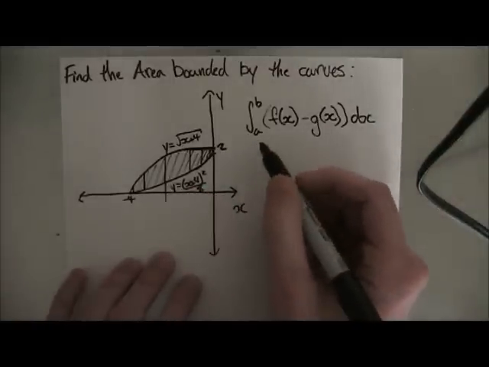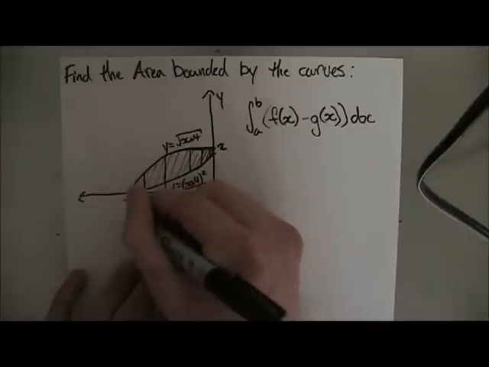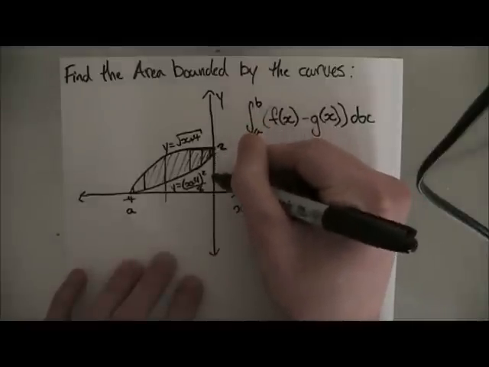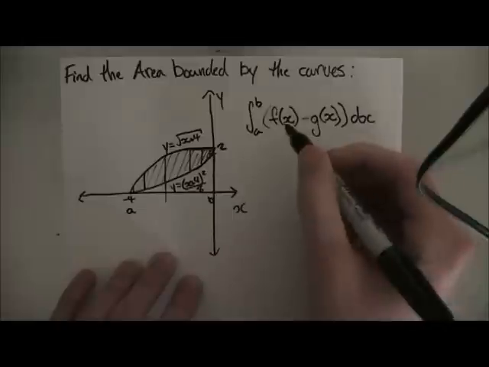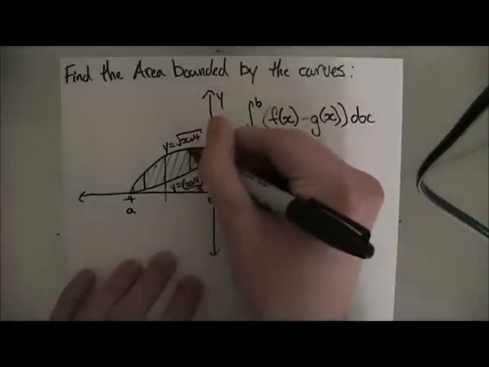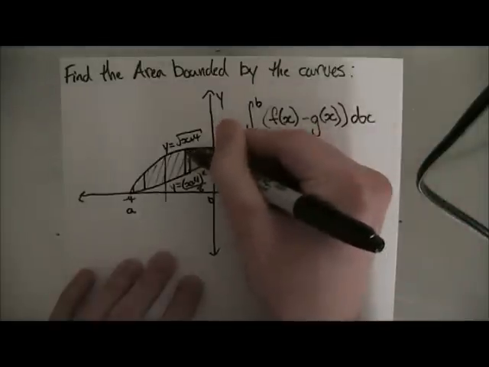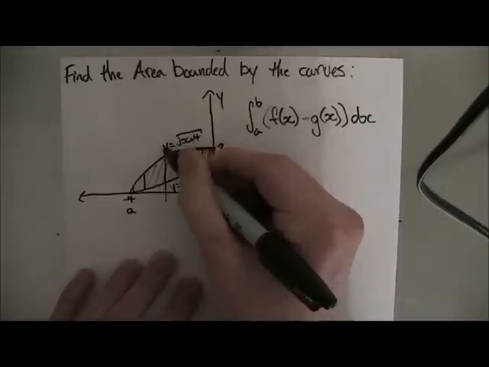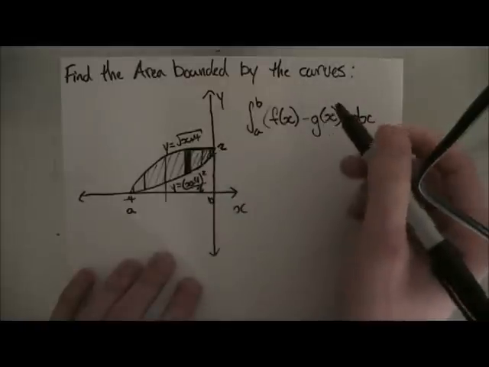Okay, because we're using x, we know that the beginning here is going to be our a, and our ending point here is going to be our b. And our upper function is the function that touches the upper part of our rectangle, right? So let's say this is our rectangle. Well, y equals square root of x plus 4 is touching the top of our rectangle, so we know that is our f of x.